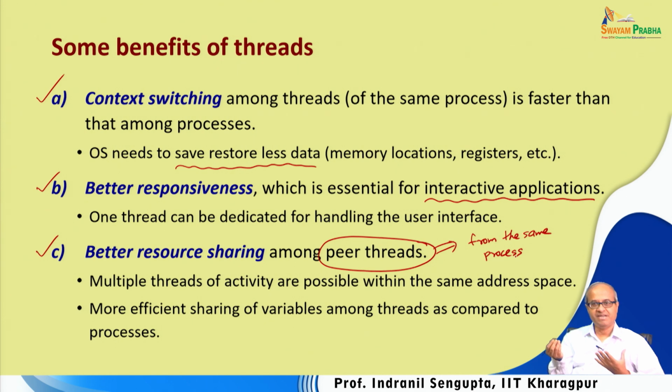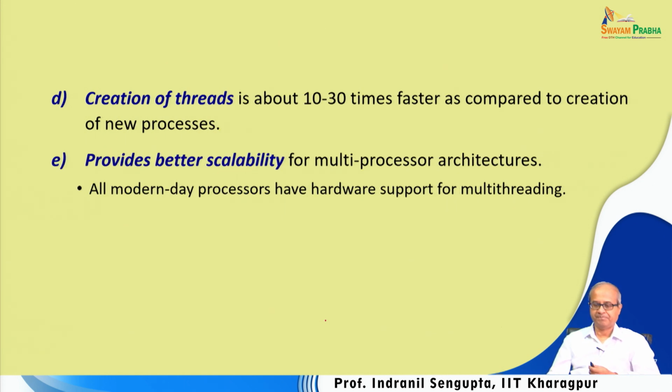Since the data area is shared, you can directly share variables among multiple threads. One thread can write data into a variable, another thread can read data from that variable. So, more efficient sharing of variables is possible, but later on we shall see that when you share variables like this, some problems may occur for which you need some locking mechanism when you are updating the value of a variable. This we shall see later.